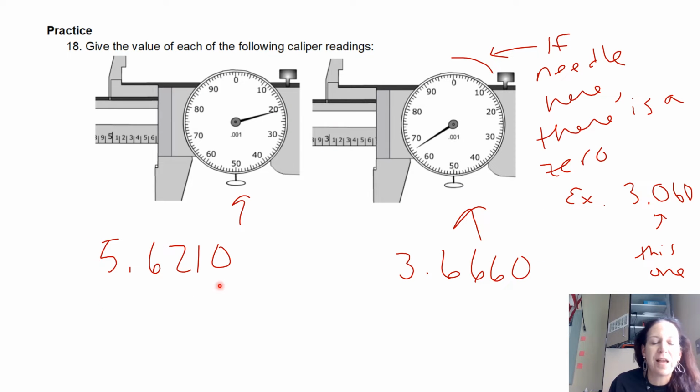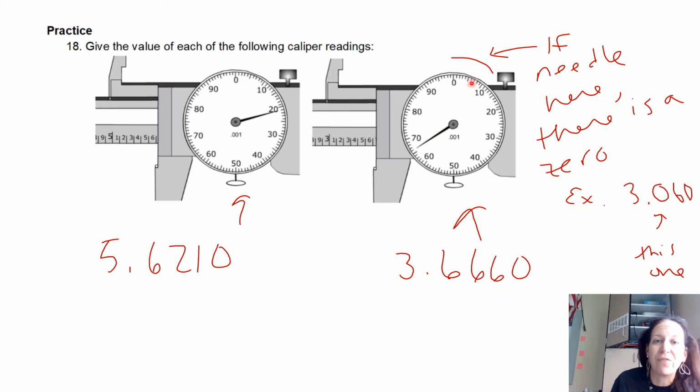Reading the calipers, I think this was pretty straightforward. So this is 5.621, and then I said it was right on there. 3.6660 or 3.6659. Yeah, so you should be able to read that, make sure you know where those numbers are. Now, I did caution in class, if your needle is up in this spot up here, there's going to be an extra 0 in there that's really easy for you to miss.